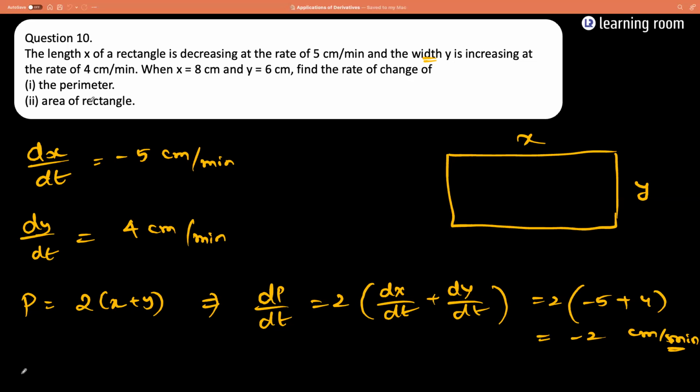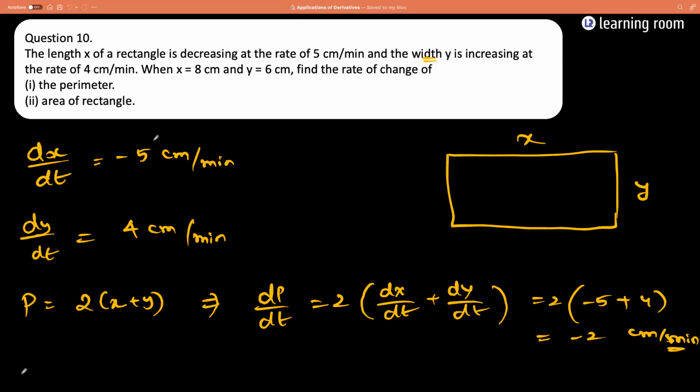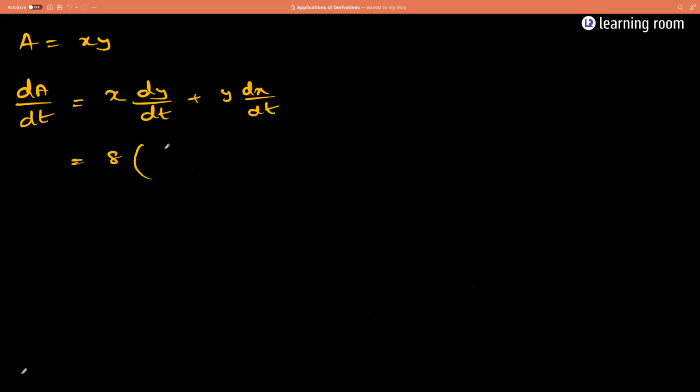Which one? Area? Yes, sir. Okay. So let me try and see. X into dy by dt plus y into dx by dt. So x is how much? X is 8, and dy by dt is 4.